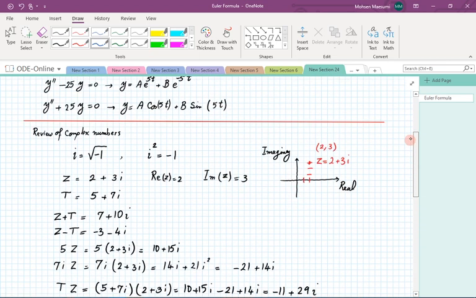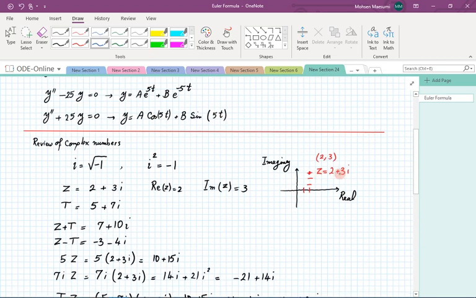So that makes sense in the context of this. When we say 2 plus 3i, 2 is like a vector going straight to the right. 3 would be going to the right also, but if I take a 3 and multiply it by i, it turns 90 degrees, and then it goes up.